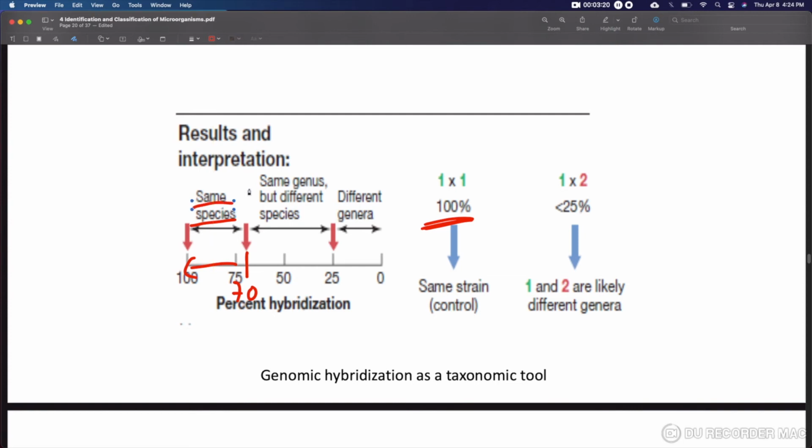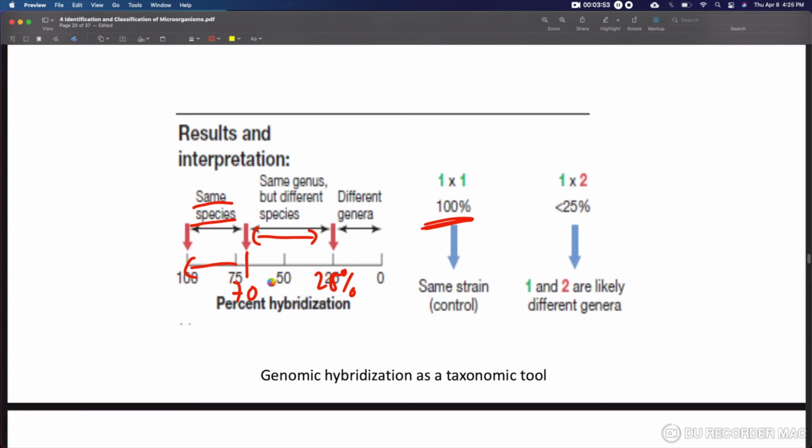Now, if the percent DNA hybridization is only in between 70 and 25, you can only say that they are of the same genus. They are of the same genus, but they are different species. They came from different species, based on that percent hybridization.